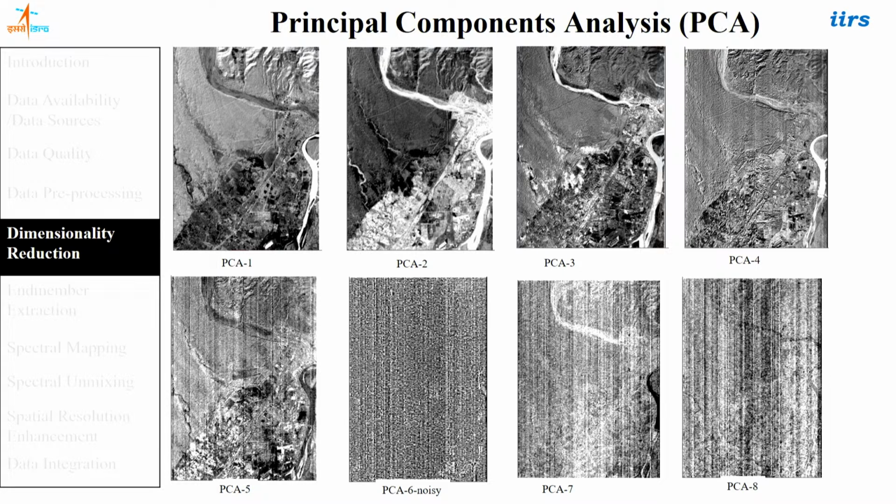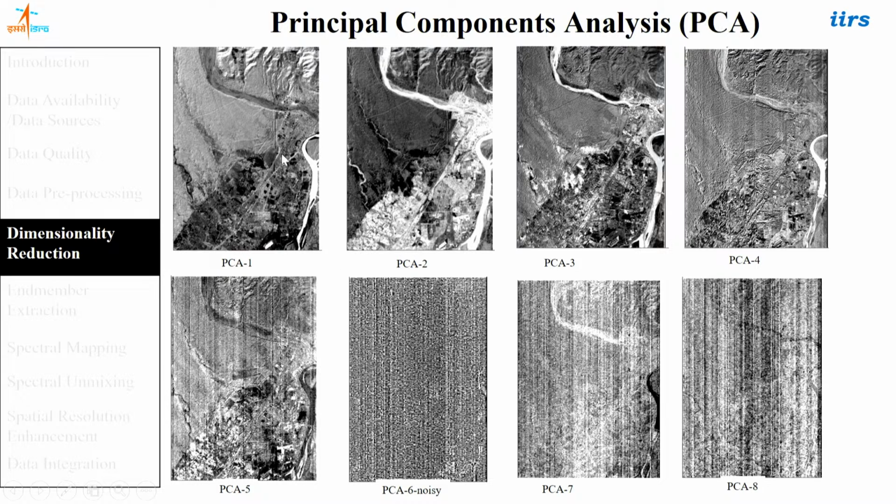But in the case of hyperspectral data, this trend will not be followed, because the bands are very narrow, so even after pre-processing, it includes some noise content at times.